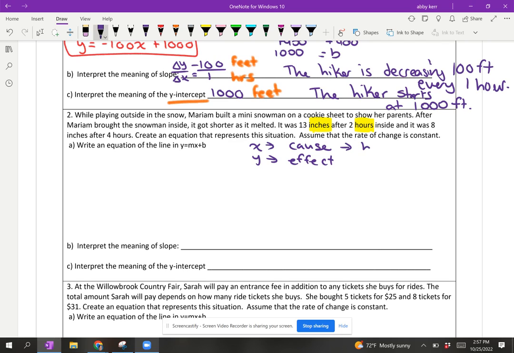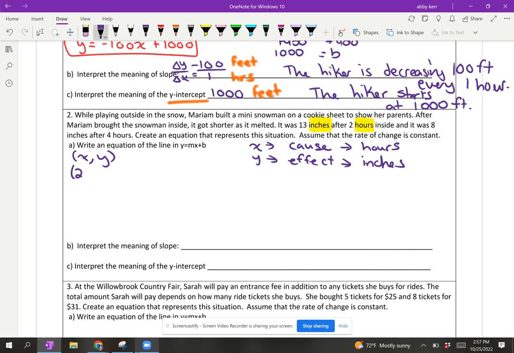So the cause is our time, and then the effect is the inches, because as the hours go on, either our snowman is going to increase or it's going to decrease based on what we find. So you need to remember that it's x comma y.